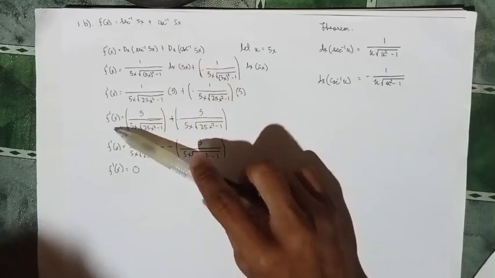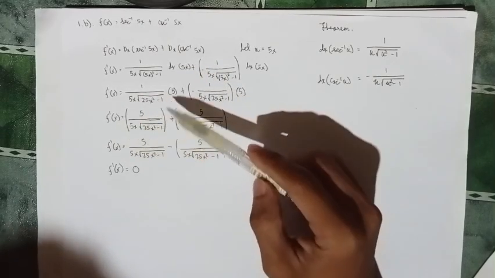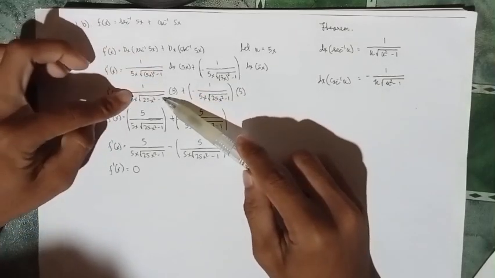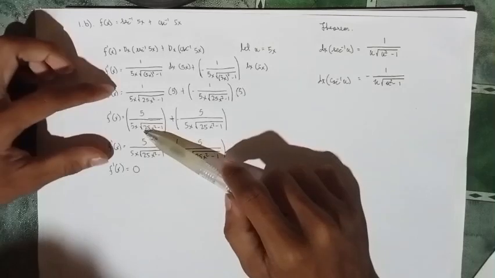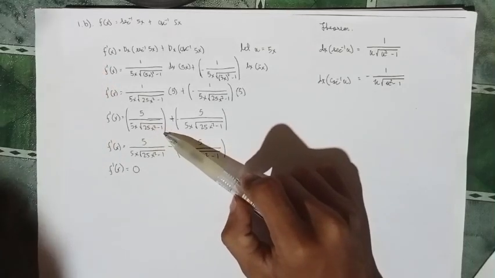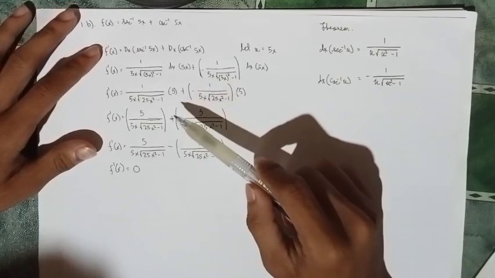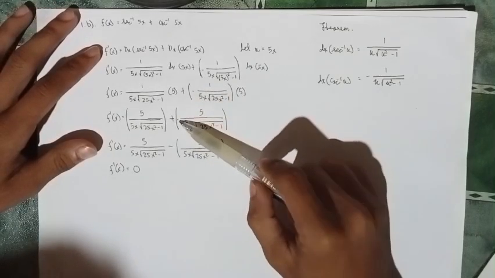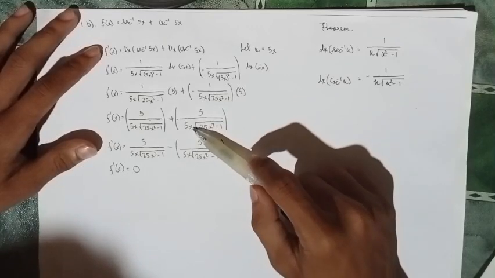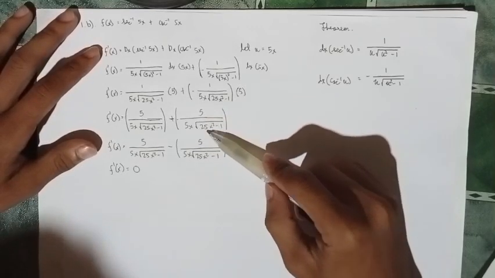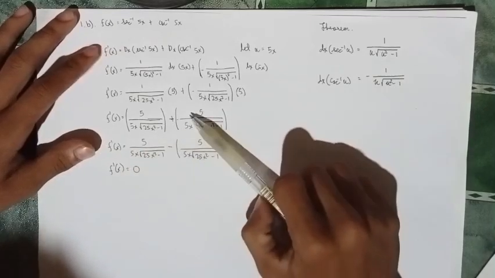Then f prime of x is equal to, multiplying the 5 to this fraction, 5 all over 5x square root of 25x squared minus 1 plus negative 5 all over 5x square root of 25x squared minus 1. Then simplify again.